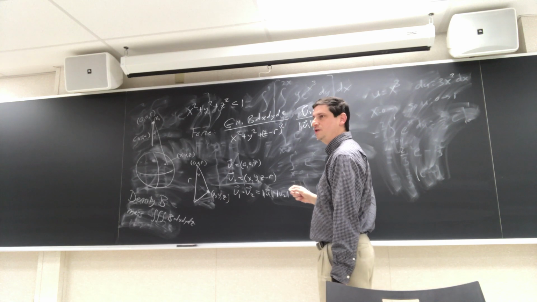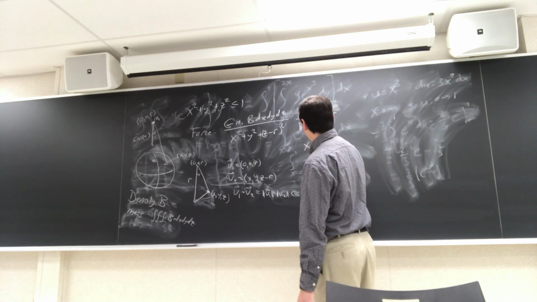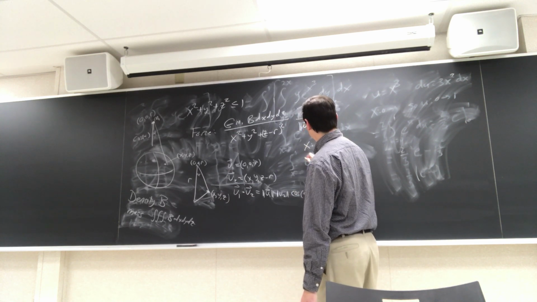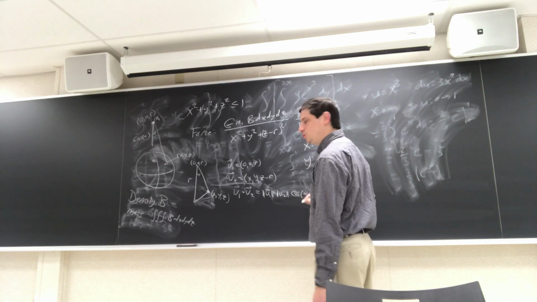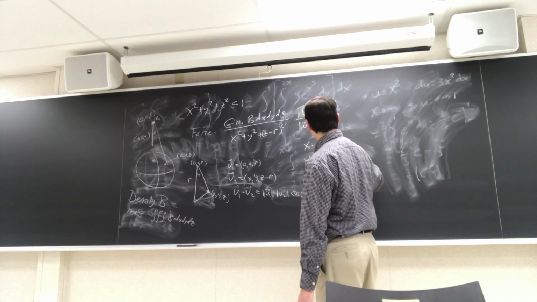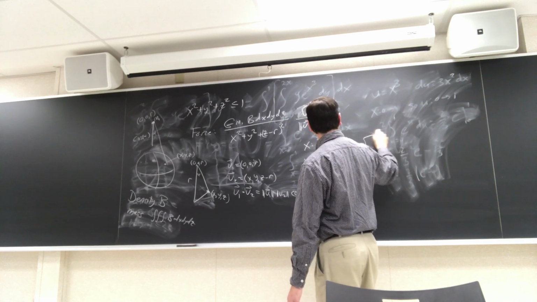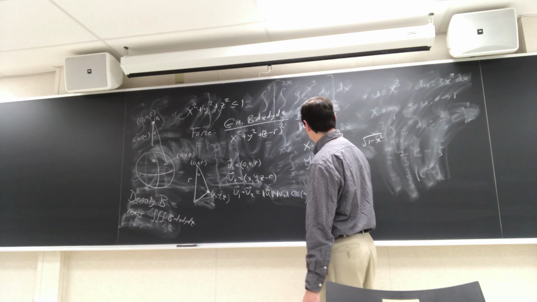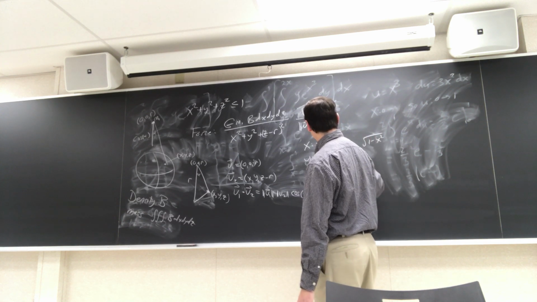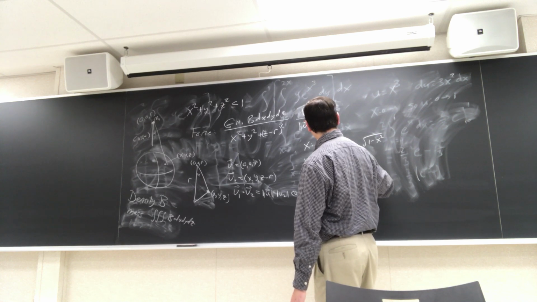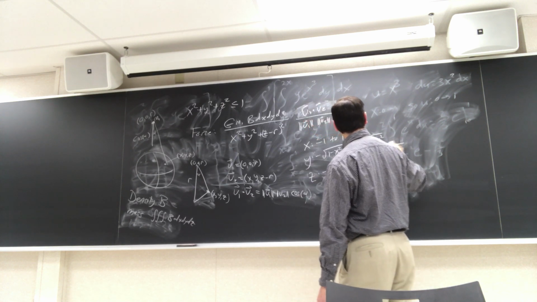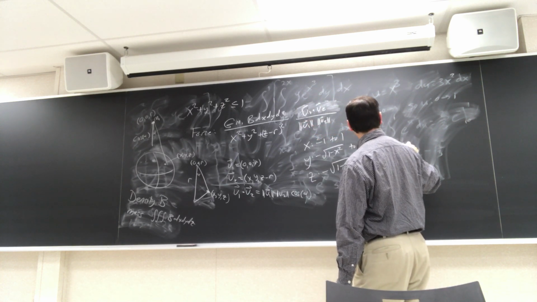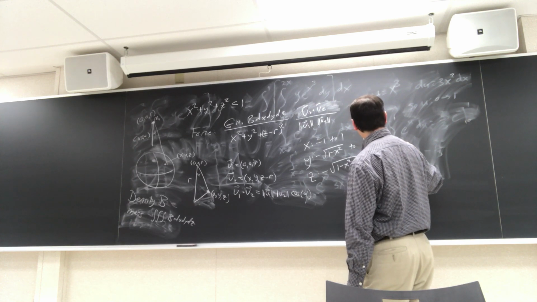So now, what's the bounds of integration? So x goes from -1 to 1. Then y will go from minus the square root of 1 minus x squared to the square root of 1 minus x squared. And then z will go from negative square root of 1 minus x squared minus y squared to the square root of 1 minus x squared minus y squared.